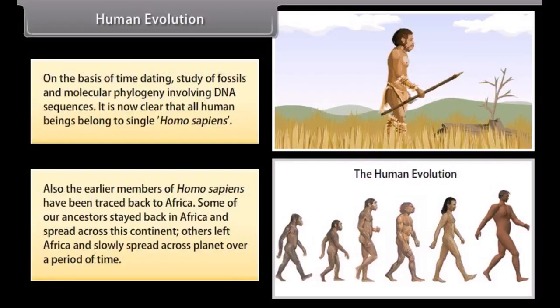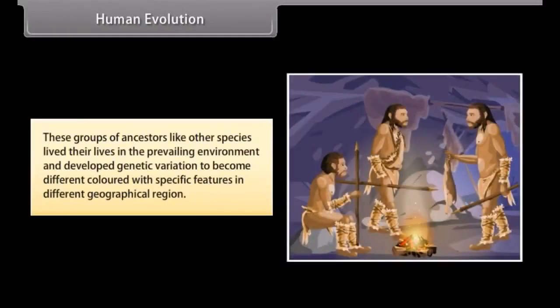Others left Africa and slowly spread across the planet over a period of time. These groups of ancestors, like other species, lived their lives in the prevailing environment and developed genetic variation to become different colored with specific features in different geographical regions.